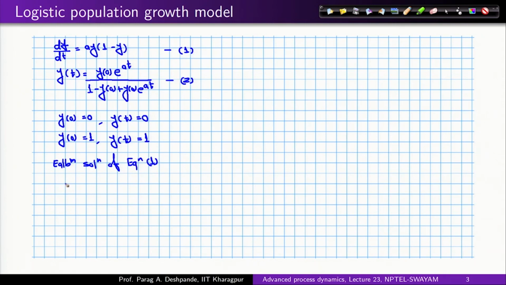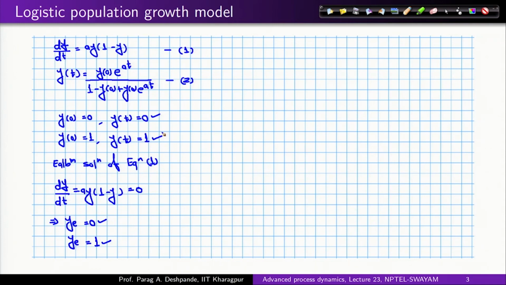I will determine it by setting dy/dt = a y (1 - y) = 0, which means y equilibrium is 0 or y equilibrium is 1. Interesting. You see y equilibrium 0 here, you see y(t) is equal to 0; you see y equilibrium 1, you see y(t) is equal to 1.